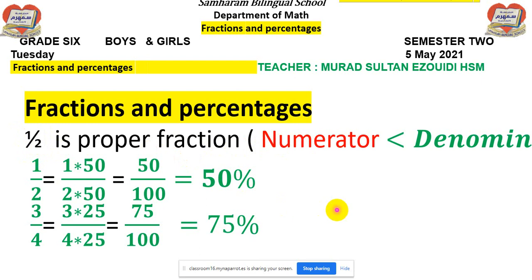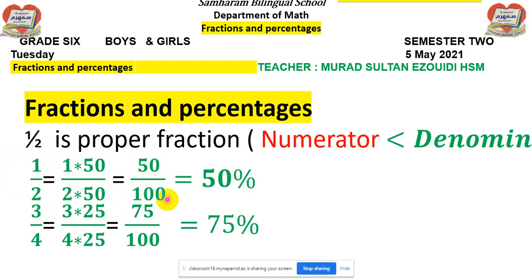Now our purpose is to change a fraction to a percentage. For example, 1/2, I will try to change this fraction, which is a proper fraction, to percentage. First of all, you should try to find an equivalent fraction. Means that 1/2 in fact is equivalent to 50 divided by 100.